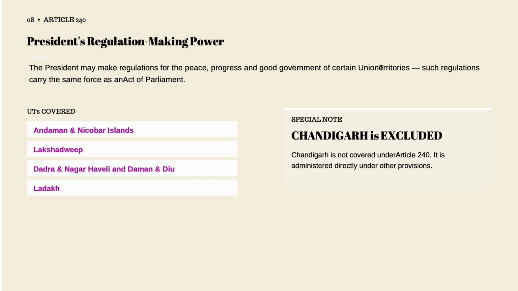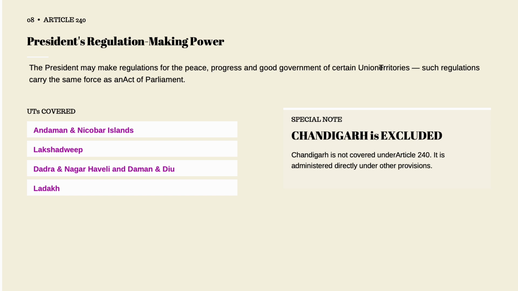President's regulation making power is, in a way, very similar to ordinance. So what is different between the ordinance making power and president's regulation making power? The only difference is that when it comes to ordinance, the assembly needs to approve it.